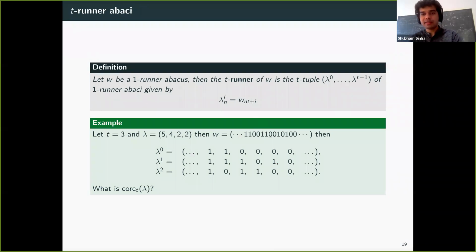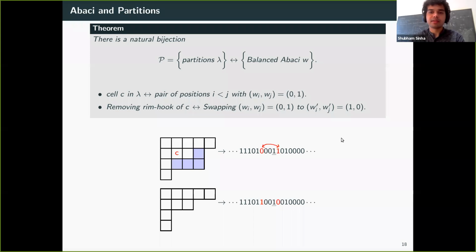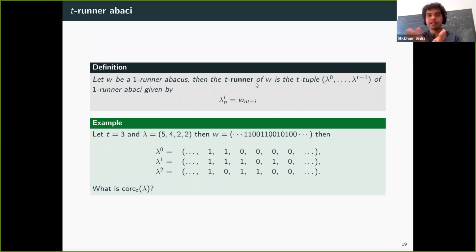Now, since we are fixing T, and we are interested in swapping only size T rim hooks, they will correspond to positions which are T apart. So you can break up the one-runner abacus into T runners, where the positions are i mod T. For example, when you take T to be 3 and lambda to be 5, 4, 2, 2, let's describe lambda 0.